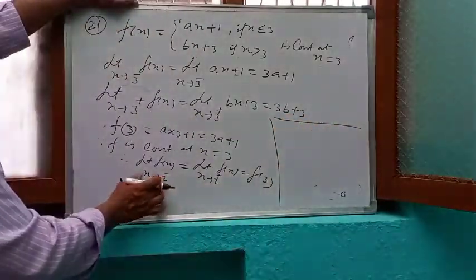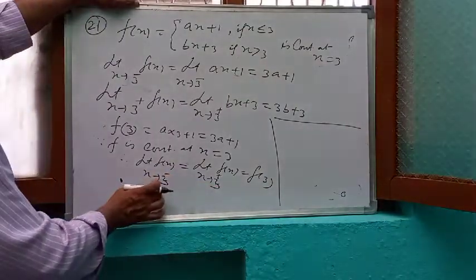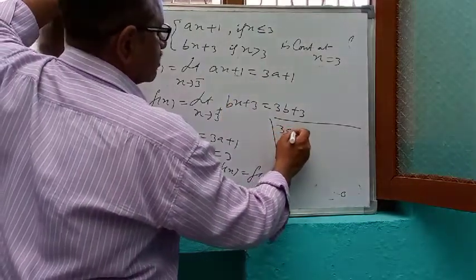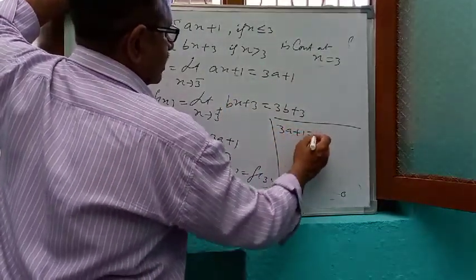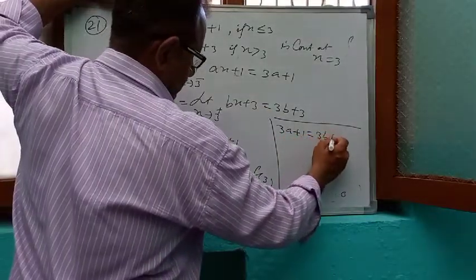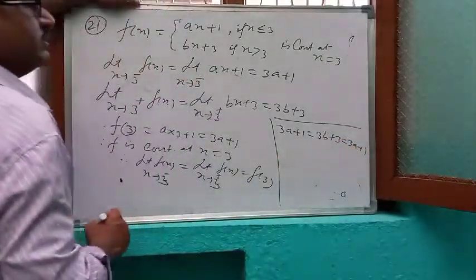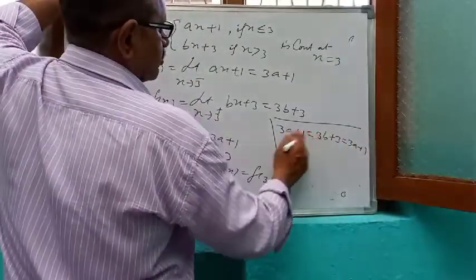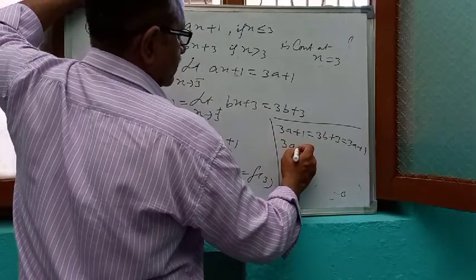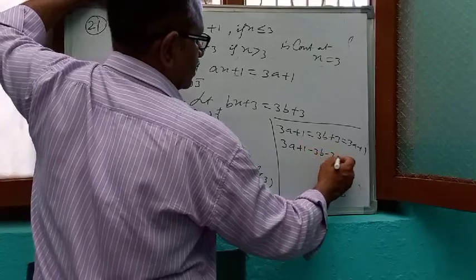What is the left hand limit? The left hand limit is 3a plus 1, the right hand limit is 3b plus 3, and the value of the function is again 3a plus 1. So taking these two, simplify it. 3a plus 1, transpose it, minus 3b minus 3 is equal to 0.